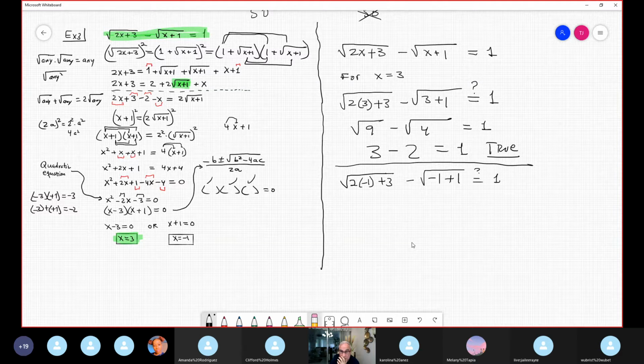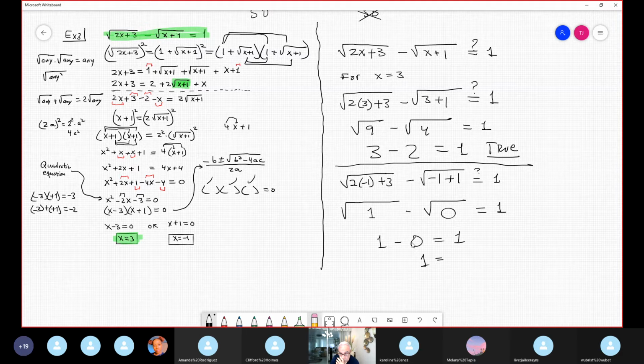Oh no, sorry. So now let's do the operations inside. Negative 1 times 2 is negative 2. And negative 2 plus 3 is 1. Okay, nice. And the operation here, negative 1 plus 1, is 0. Square root of 1 is 1, square root of 0 is 0. Yes, obviously it's true, because 0 is nothing, and 1 minus 0 is equal to 1.